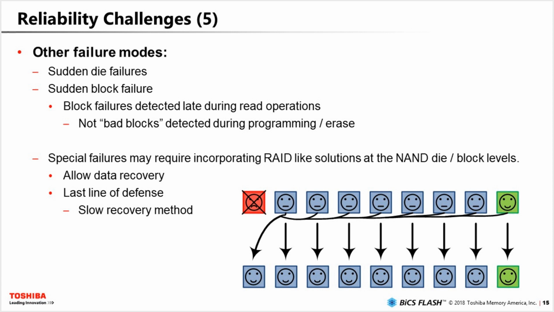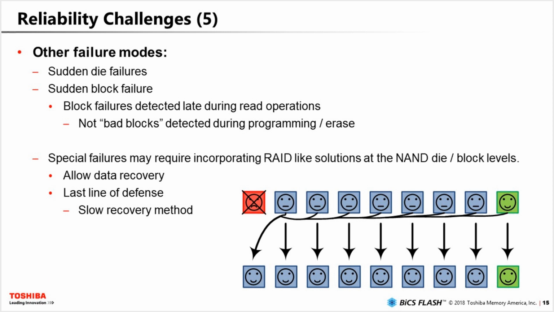There are other failure modes that we must also contend with. One of these is, for example, sudden die failure or a sudden block failure. NAND devices can accumulate bad blocks over time. You have maybe thousands of blocks, 2,000, 4,000 blocks on a NAND device. And some of those are bad when they come out of the factory, and some accumulate more and more bad blocks over time.